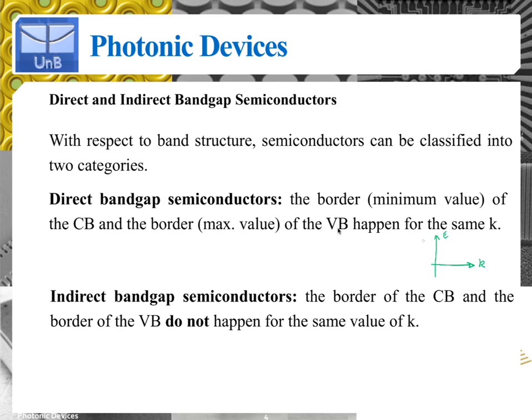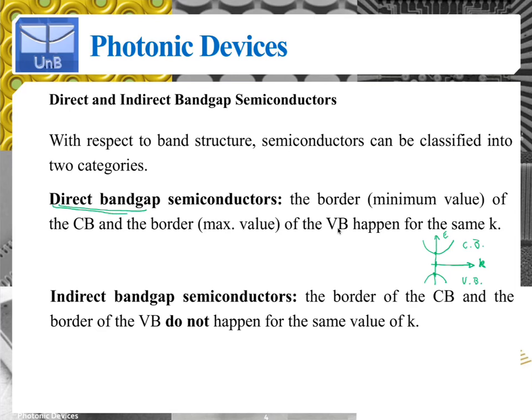The border of the conduction band, right, this point right here, and the border of the valence band, this point right here, will happen for the same K value, which is here, in a direct bandgap semiconductor.